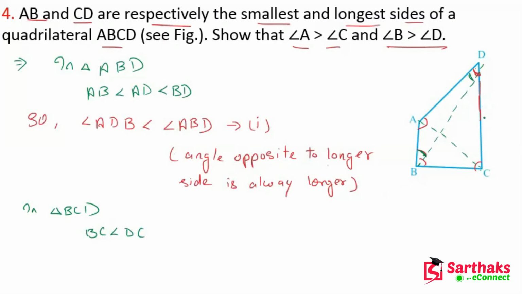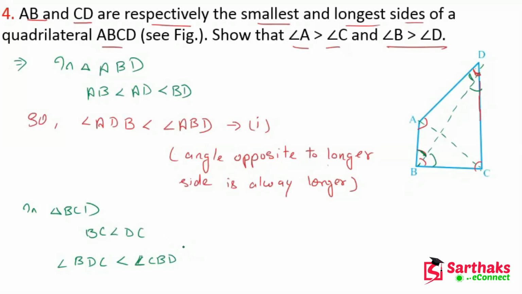So it can be concluded that angle BDC, this angle, is less than angle CBD, this angle.